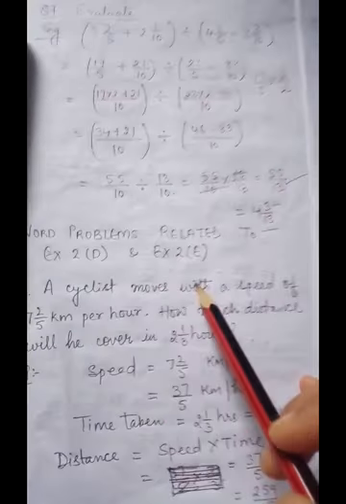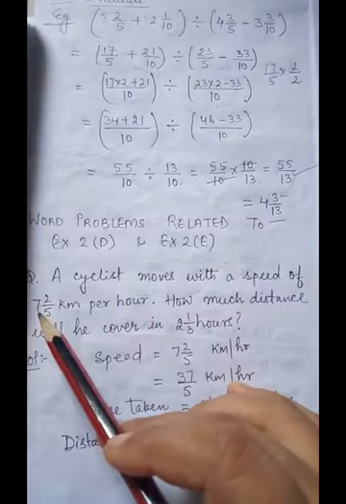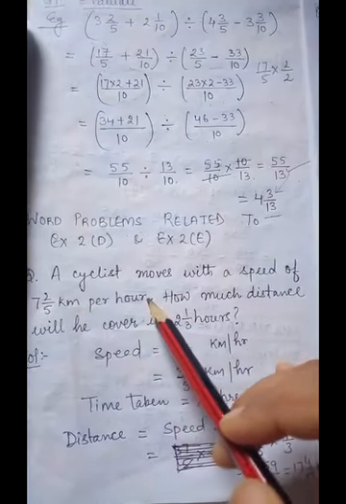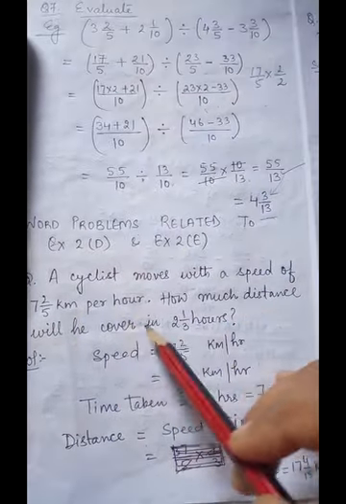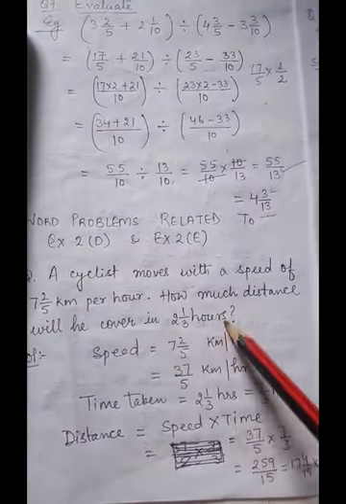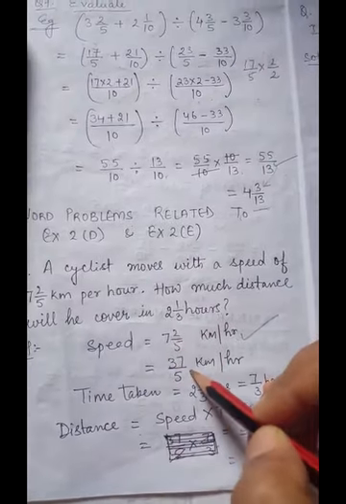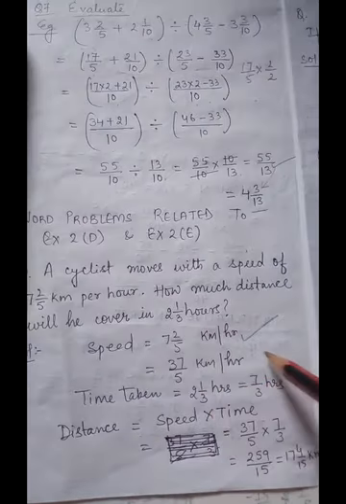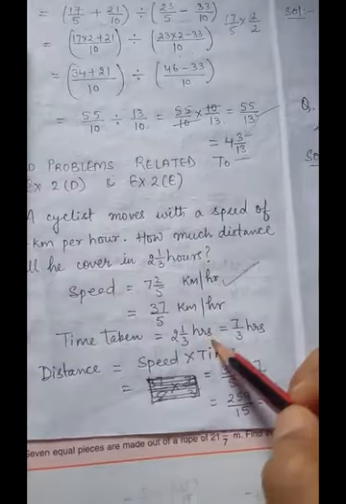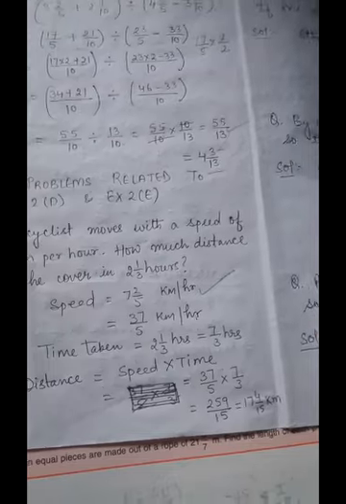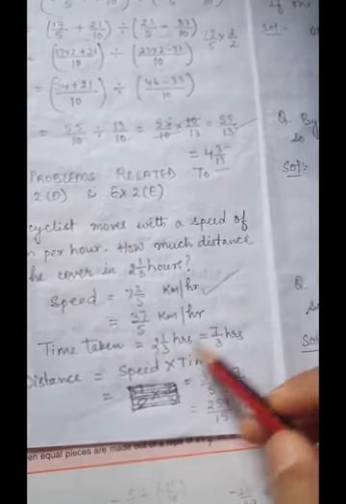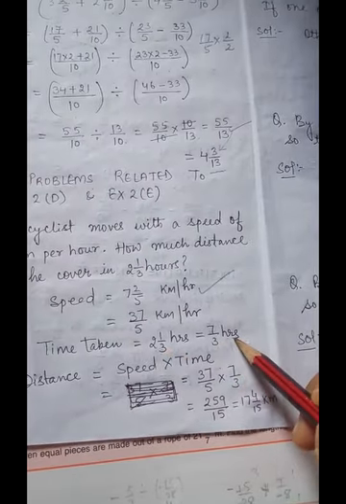Okay. A cyclist moves with a speed of 7 whole 2 by 5 km per hour. How much distance will he cover in 2 whole 1 by 3 hours? So speed is given as 7 2 by 5, which is equal to 37 by 5 km per hour. And the time taken is 2 1 by 3, which is 7 by 3 hours.